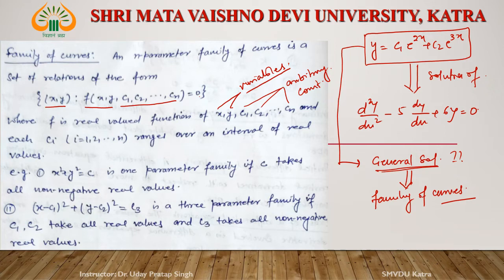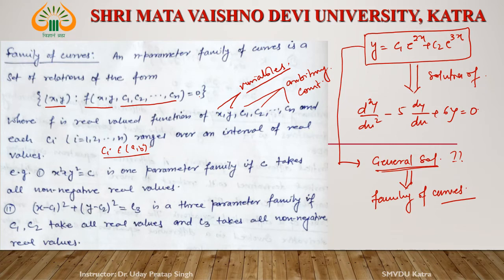But these arbitrary constants take values in some interval on the real line. Okay, so for example, ci belongs to A. So this is called an n-parameter family of curves.